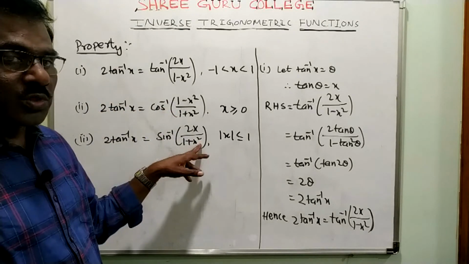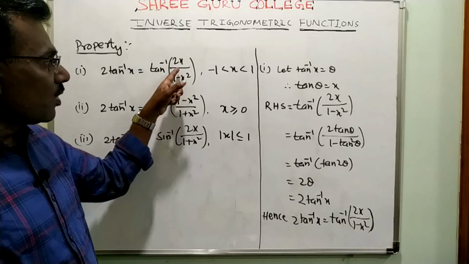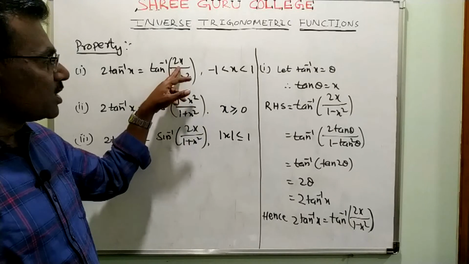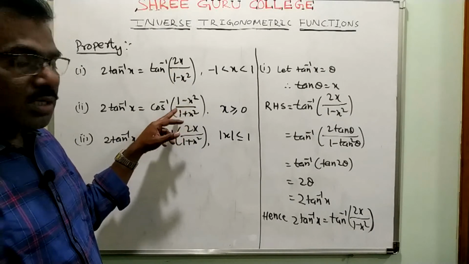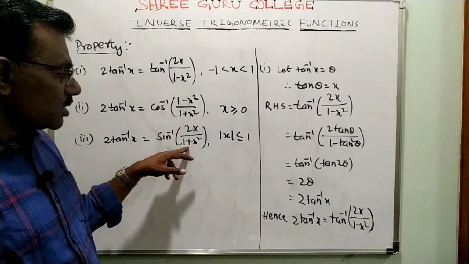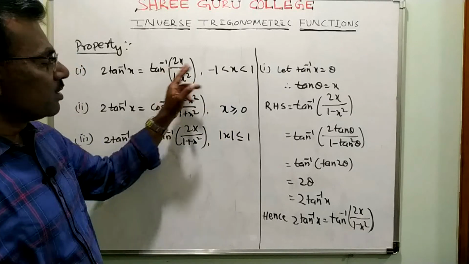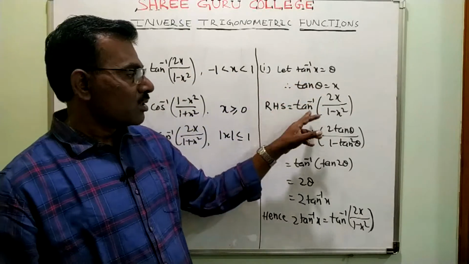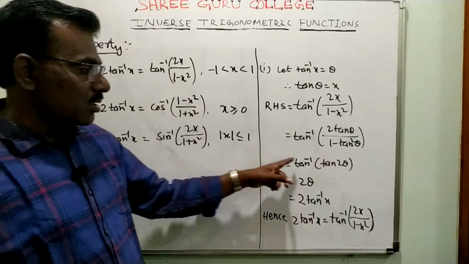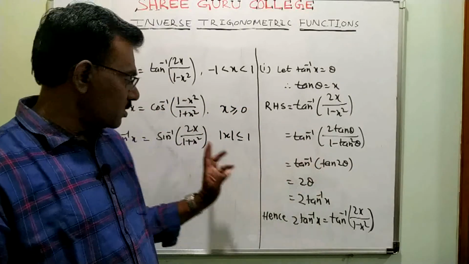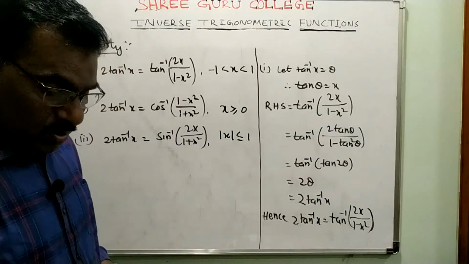Sin inverse of sin 2 theta is 2 theta. So the result is twice tan inverse of x. So this is also an important property.